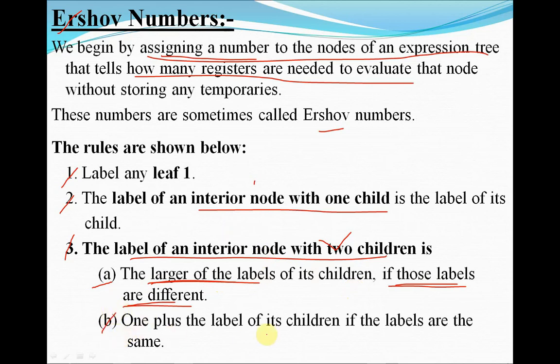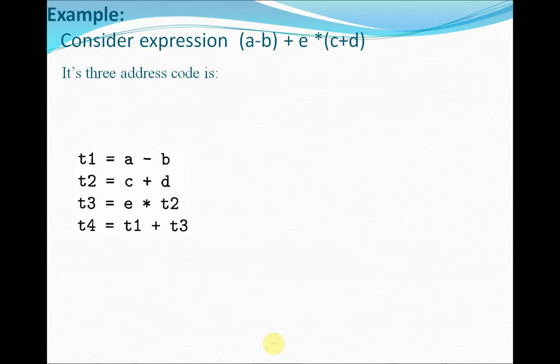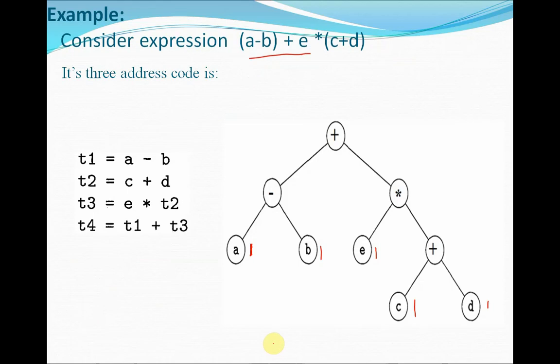The second option is if the labels of the two child nodes are the same, in that case 1 plus the child node label is the interior node label. So 1 plus the label of its children is the label of the interior node. So try to apply those rules.